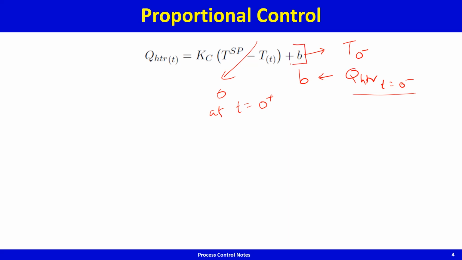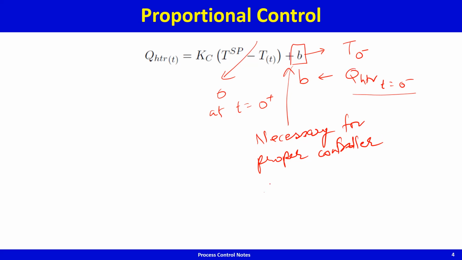So the bias term is necessary for proper controller initialization. When you switch it on, because controllers are routinely switched on and switched off.